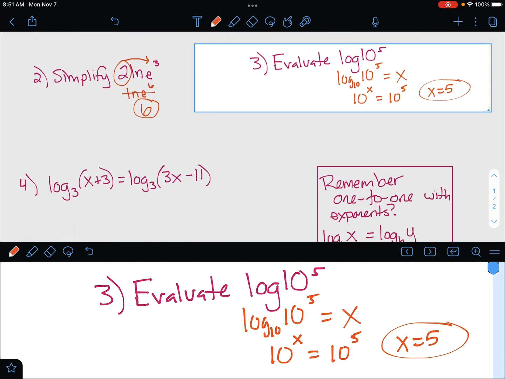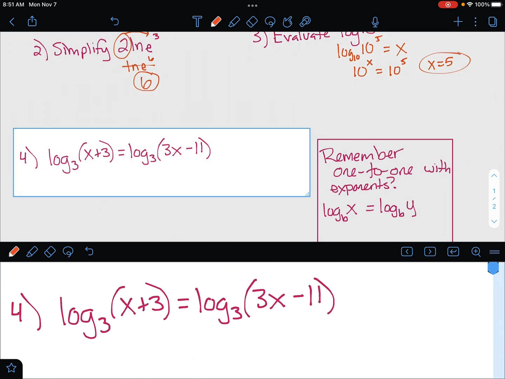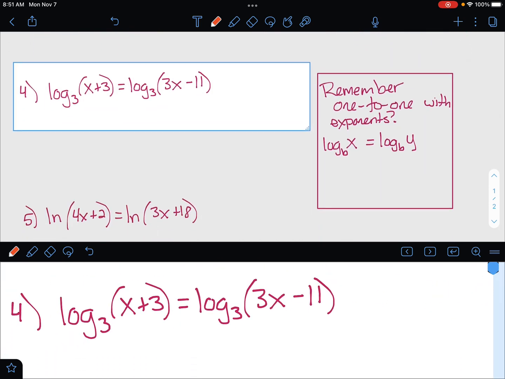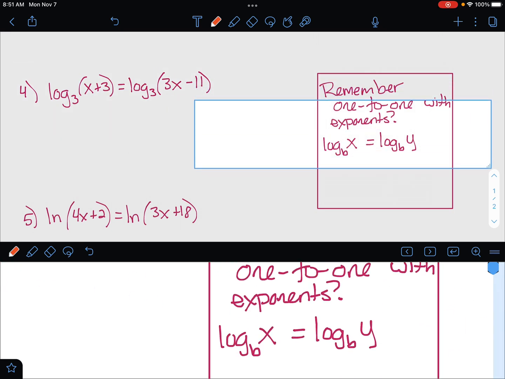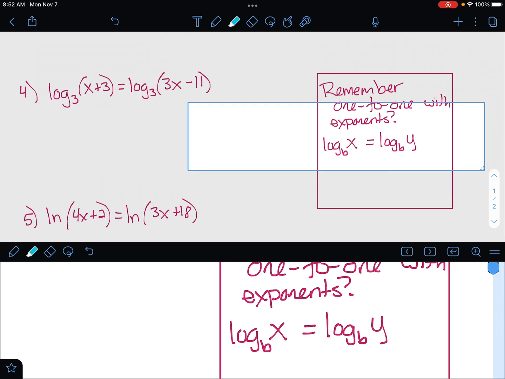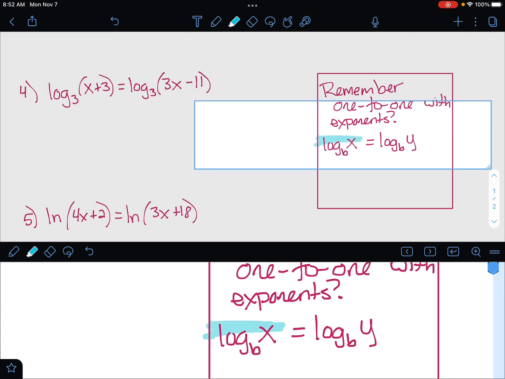Now let's get into some solving. So here's one thing I want you to remember. Remember back when we were doing exponents, one very important piece was when it's one to one, we could set them equal. Well, same thing happens when we have logs. If they have the same base, like over here on the right, you can just set the other stuff equal.